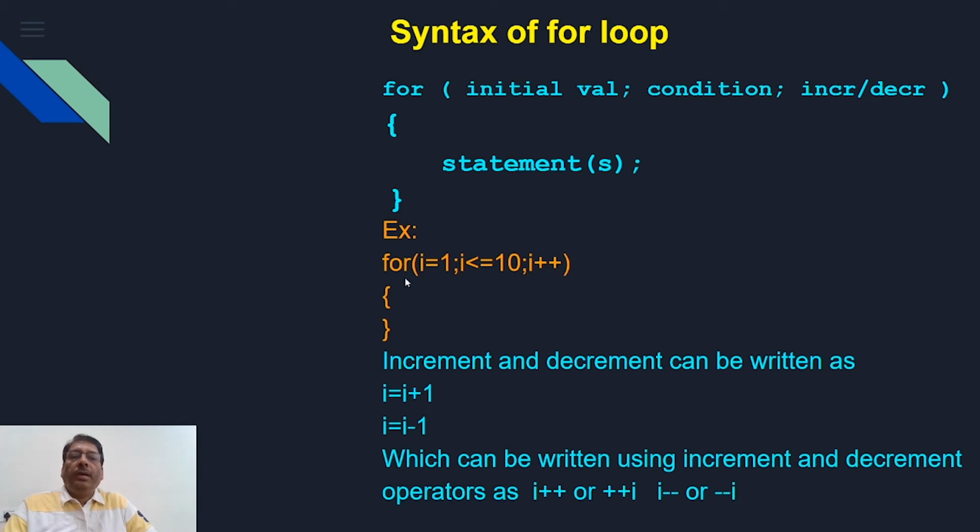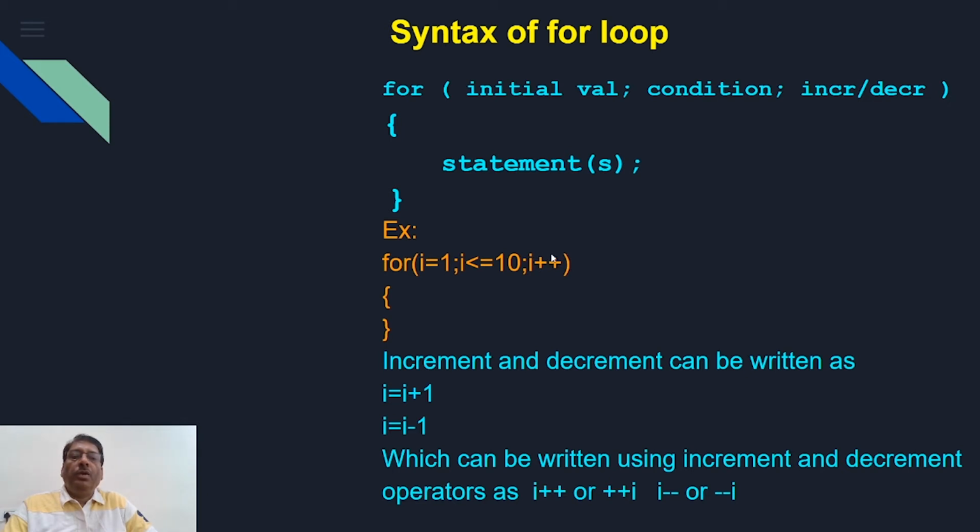So how is it going to execute? It will start with an initial value, the value of i equals 1. Then it will check the condition: 1 is less than or equal to 10, which is true. Once the condition is true, it will execute the statements over here, and then once the statements are executed, it will increment the value of i by 1.